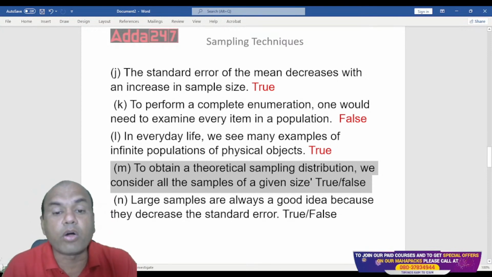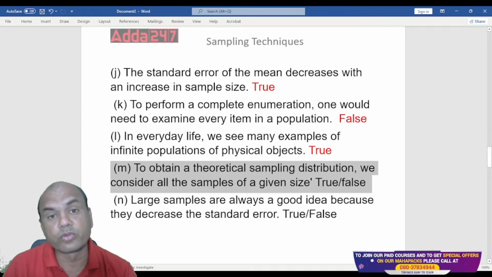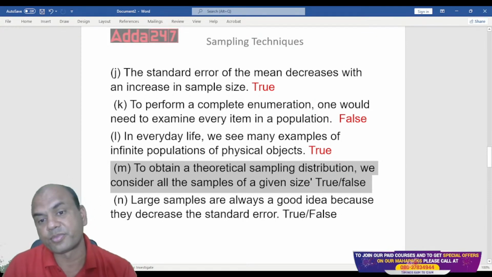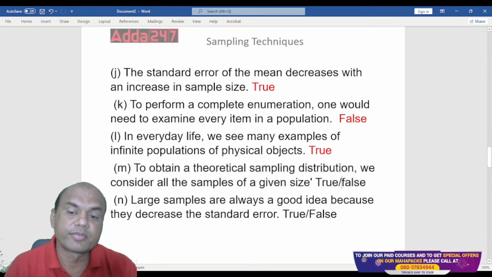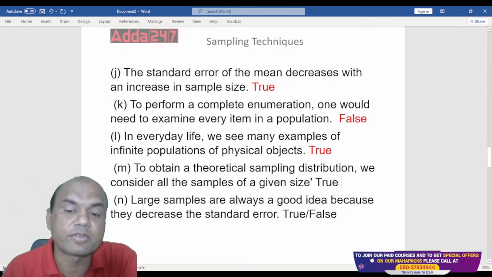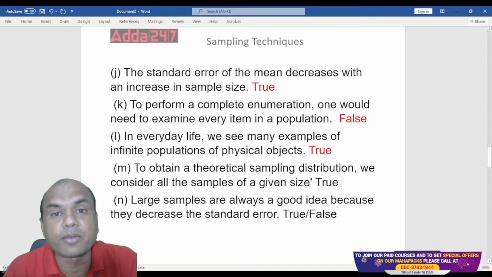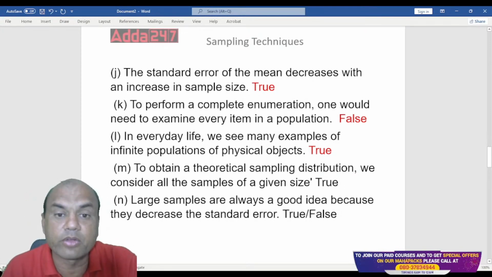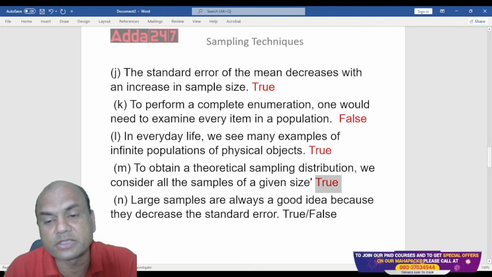So do we consider all the samples or not? All the samples, everyone? So the answer is true. Yes, we consider all the samples of the given size. Whichever sampling you have done, you have to consider all the samples. So the answer is true again.